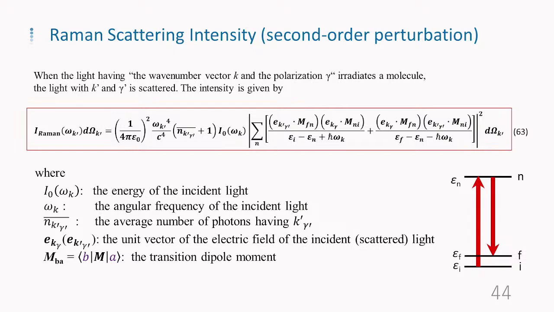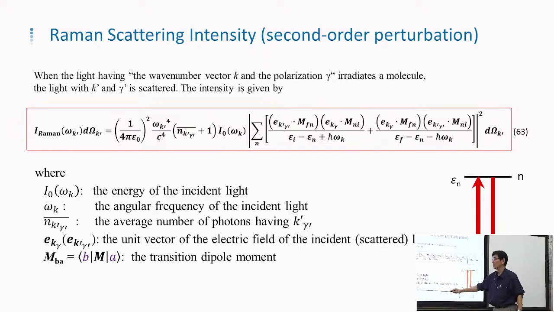This is scattered light. So, the average number of photons N bar having k'γ' is the number of photons of the scattered light. e_kγ and e_k'γ' are the unit vectors of the electric field of the incident and scattered light.